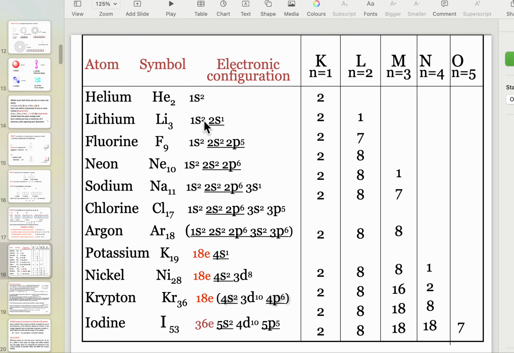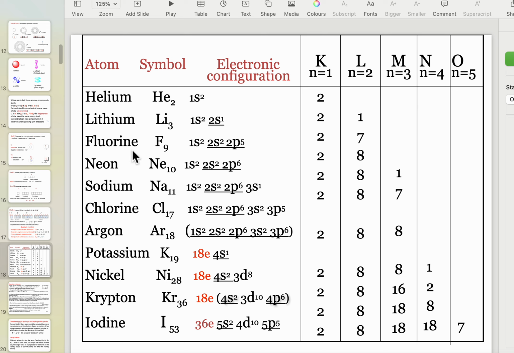We fill it with 2 electrons, and what's left is only 1 electron. This 1 electron will jump to occupy 2s1. So there is 1 electron in the second main shell. In total there are 3.